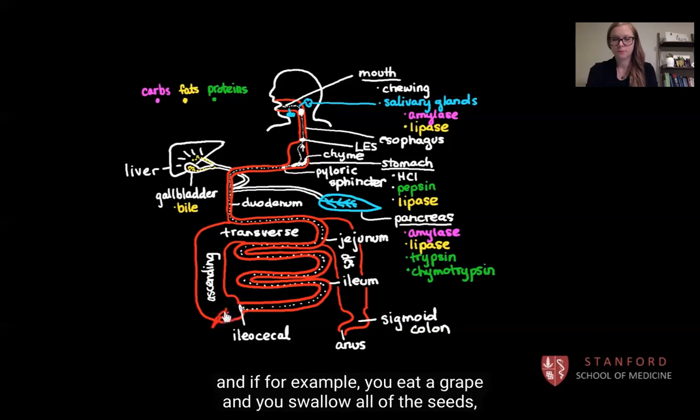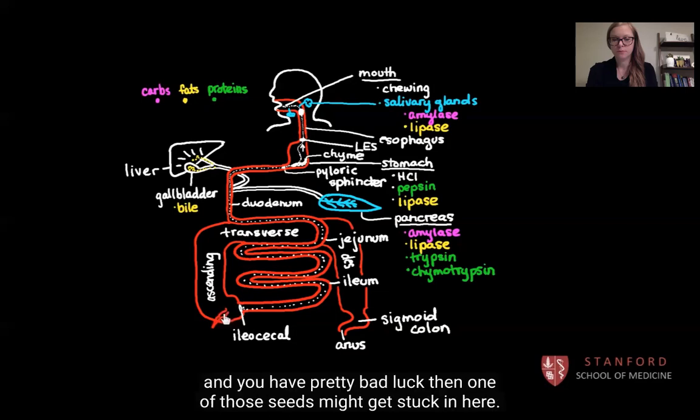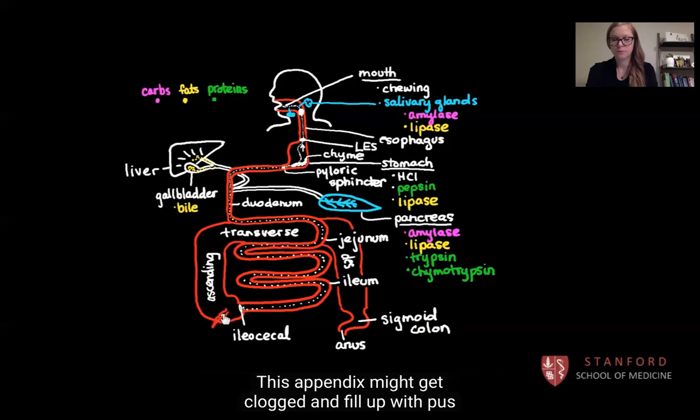And if, for example, you eat a grape and you swallow all of the seeds and you have pretty bad luck, then one of those seeds might get stuck in here and this appendix might get clogged and fill up with pus, and then you've got yourself an appendicitis.